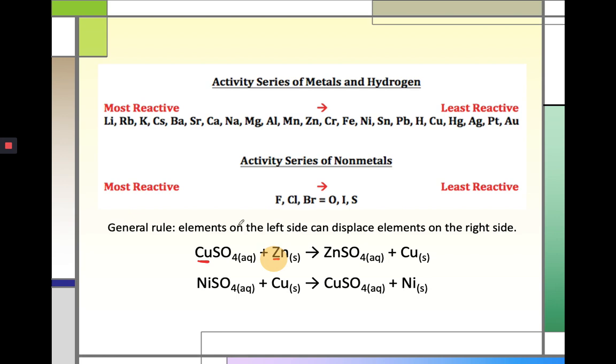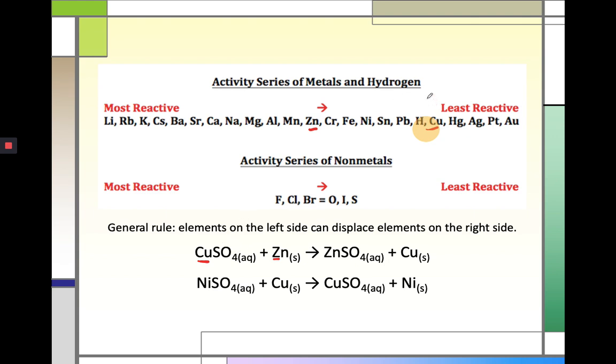So take note that elements on the left side can displace elements on the right side. If you compare zinc and copper, so zinc is here and copper is here. Will zinc be able to displace copper?